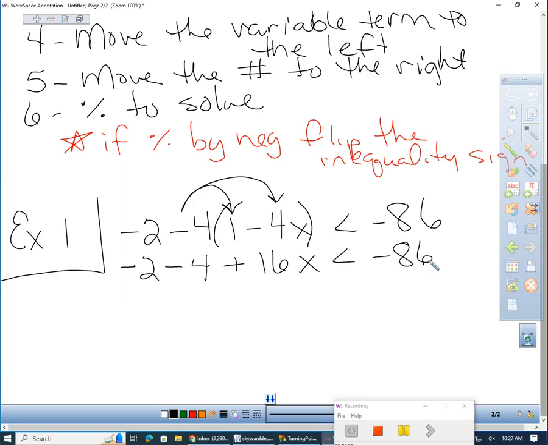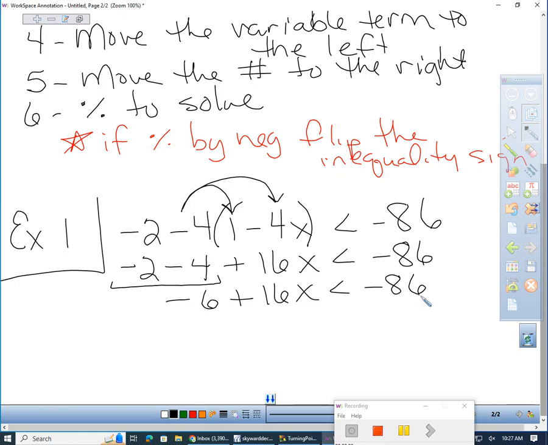Step 2 says to clear the fraction. I don't have any fractions. Step 3 says to combine like terms. Brandon, what can I combine on the left-hand side there? -2 and -4. Good. For a total of what? -6. Good. -6 plus 16x is less than -86. Step 4 says to move my variable term to the left.